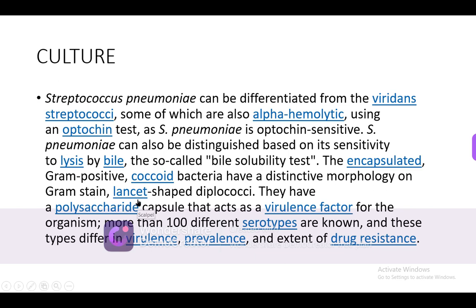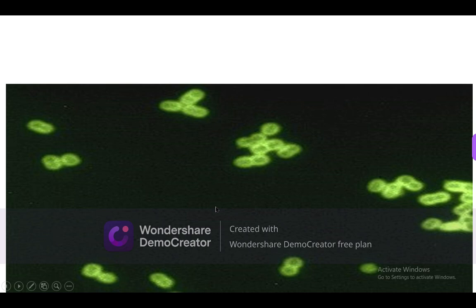It is lens-shaped diplococci, as previously described in my slide. This one, you can see that these are there. They are arranged in twins, making chains in this fashion. And in the light microscope, it will look just like a lens.